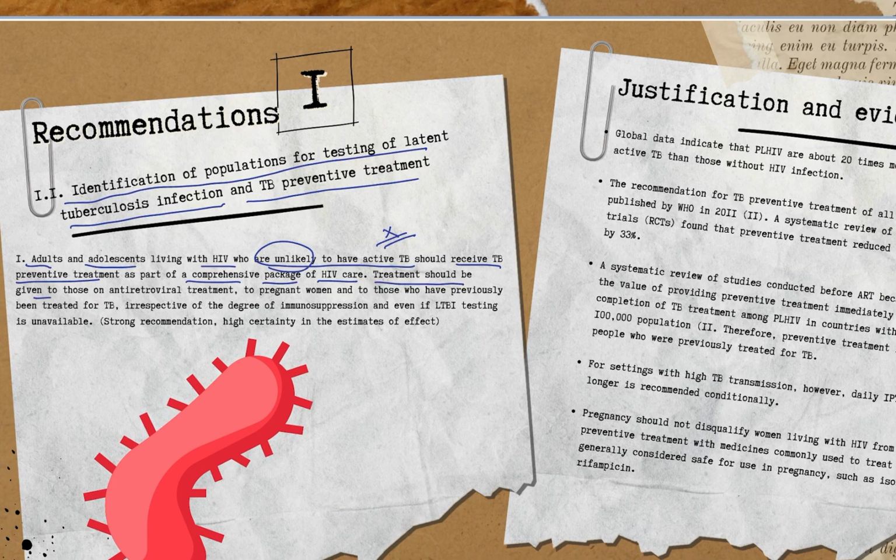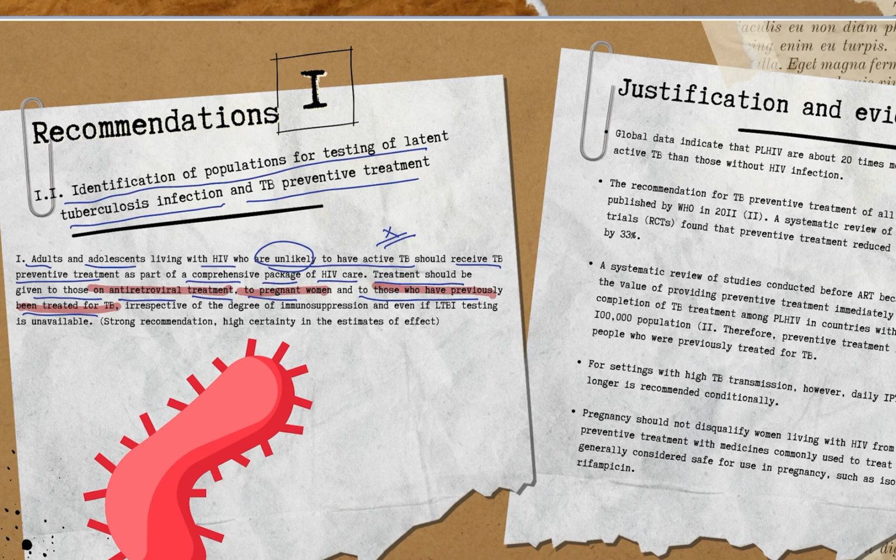Treatment should be given to those on antiretroviral treatment, to pregnant women, and to those who have previously been treated for TB. Despite that the patient is getting treatment for HIV, is pregnant, or had previously been treated for TB, you have to think about latent TB disease in a patient diagnosed with HIV.